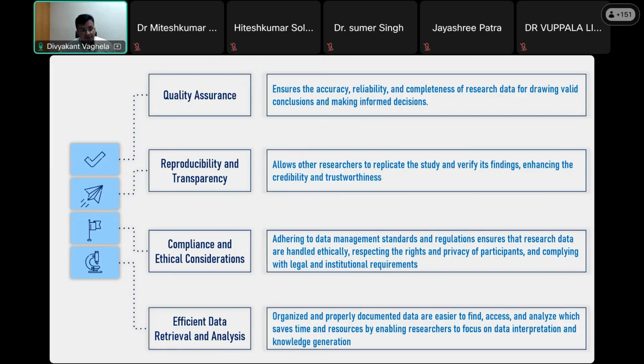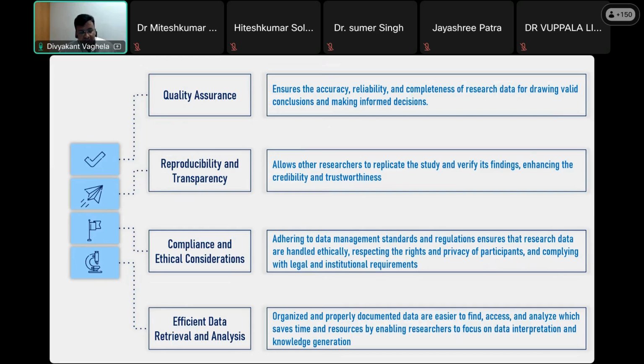It also helps in security and protection. Proper authorization is given, so unauthorized access can be blocked. Then facilitating collaborations. A proper data management plan has each and every guideline for all the data, for all the fields, which will help in collaborating with the other research team, and it will generate the output.